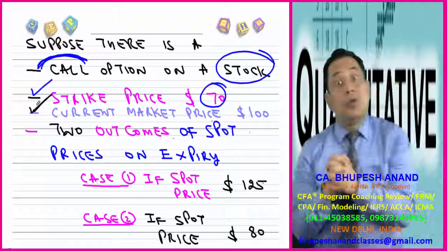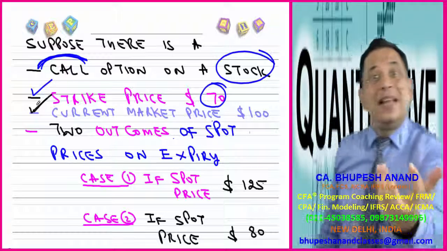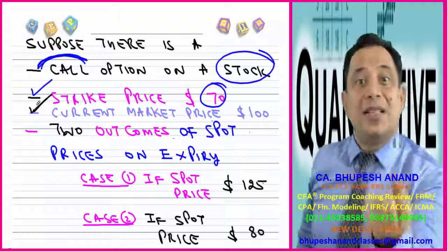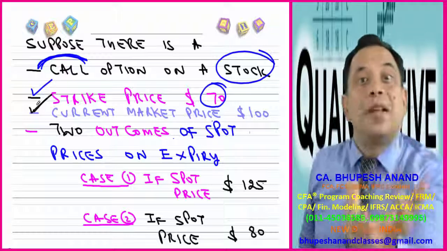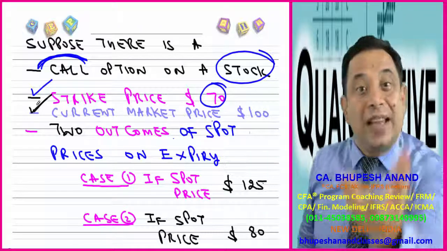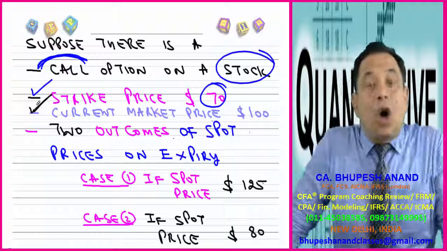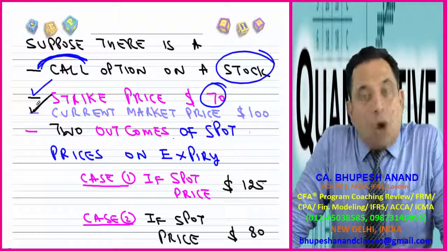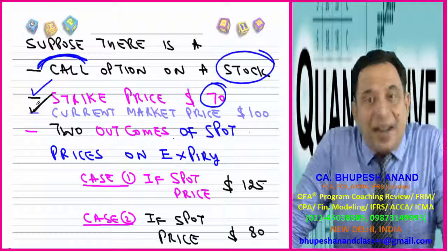In order to explain how two outcomes are possible, I am taking the help of option valuation methods, that is, how to calculate the price of an option if these numbers are available. The first number available to me is a call option of a stock. Strike price is $70 and the current market price is $100.